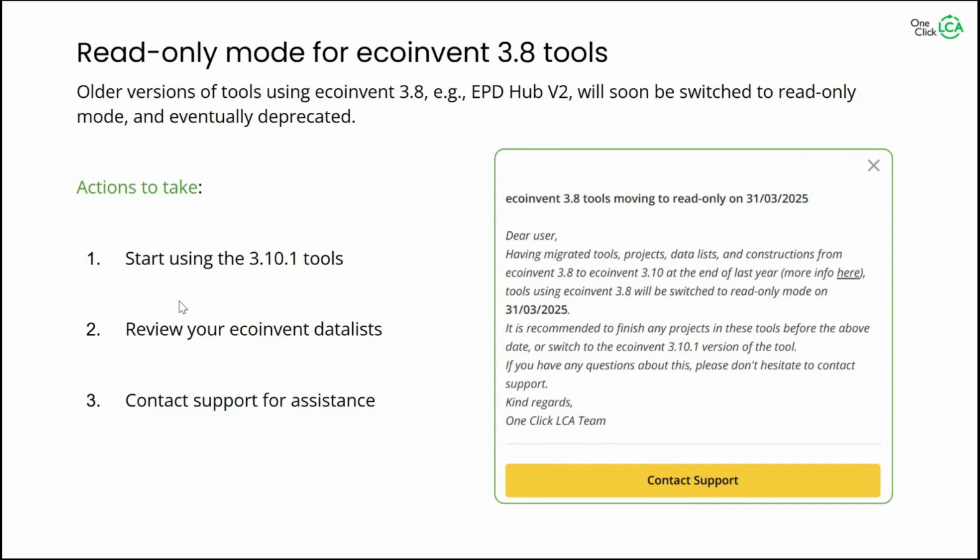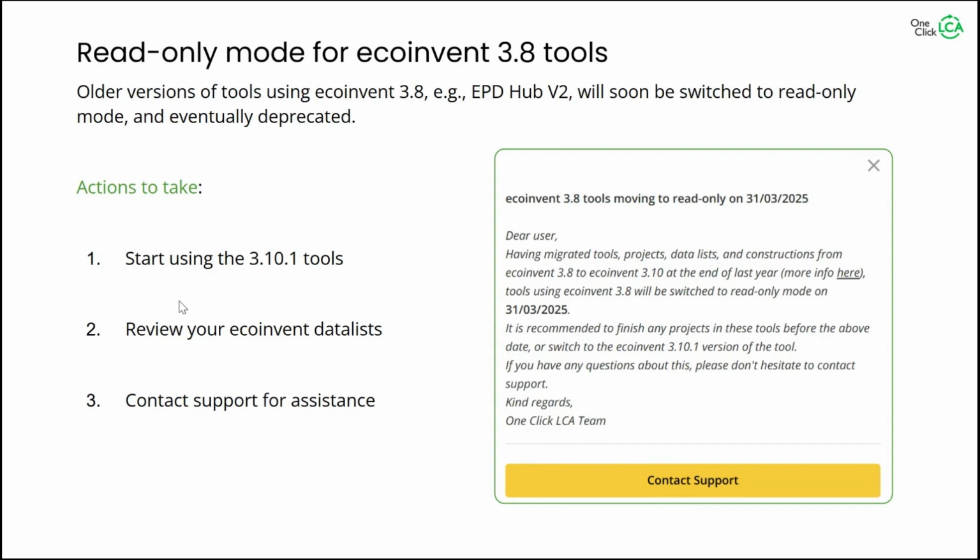But for the reference lists, if you've worked with pre-made lists that Click LCA has created and added to the account for you, and you're now using EcoInvent 3.10.1, you should delete those old lists, and you can add the equivalent 3.10 lists instead. So just making sure that you have the right data sets for the right tool that you're using.